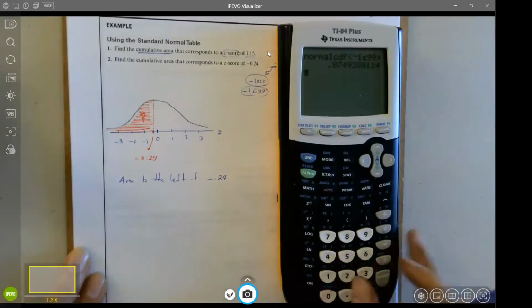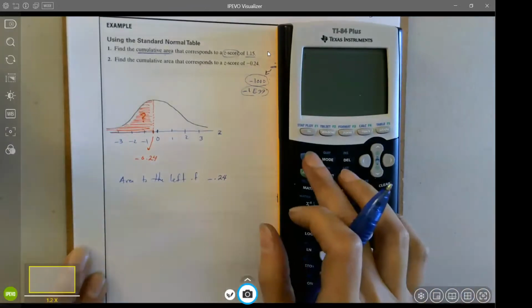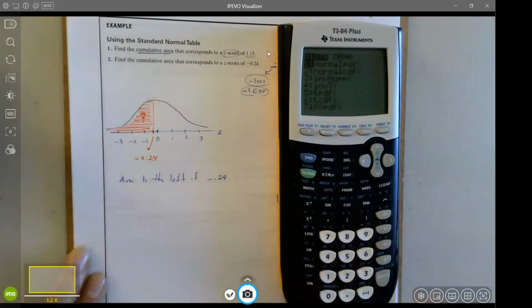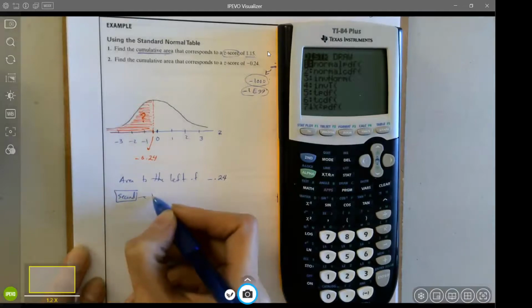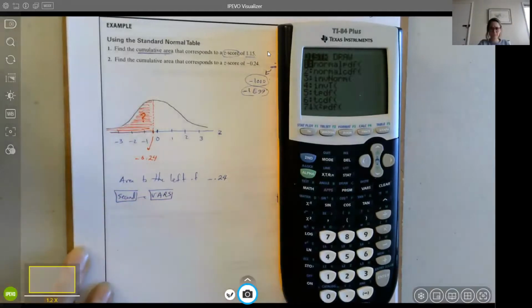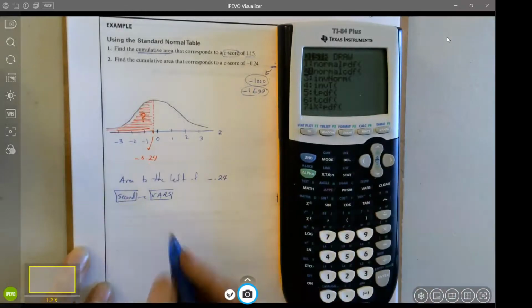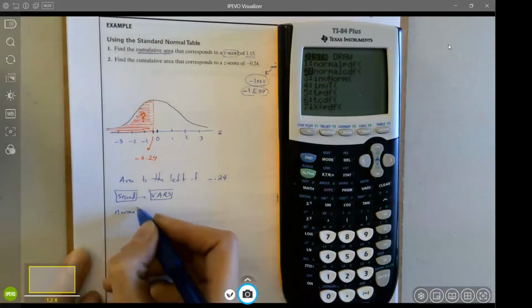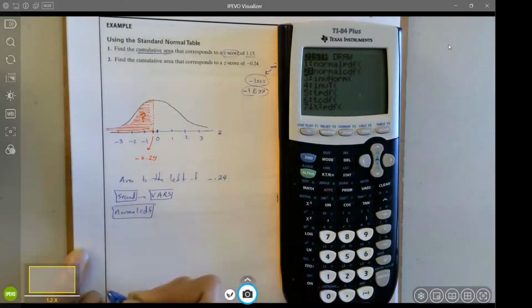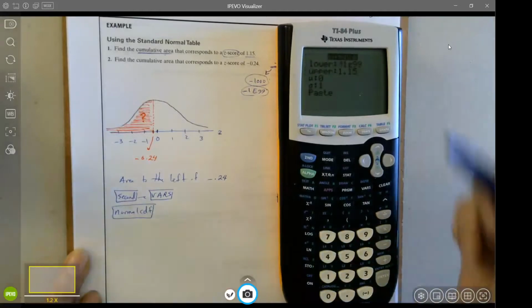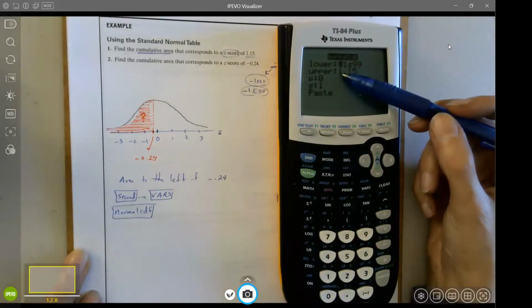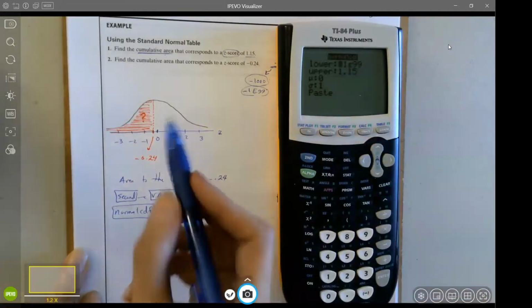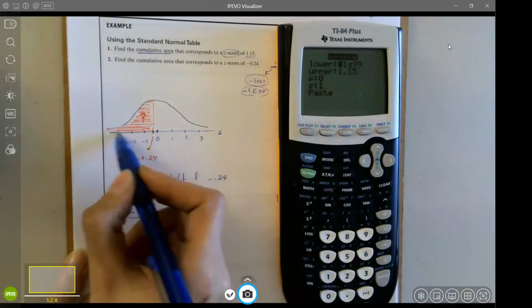Let's take a look at our calculator and enter the instruction. So here, let's clear this. We go to second, vars, and then here we go to normal CDF. Normal CDF, we need to have a lower bound and also an upper bound. What is the lower bound? Take a look at your graph.